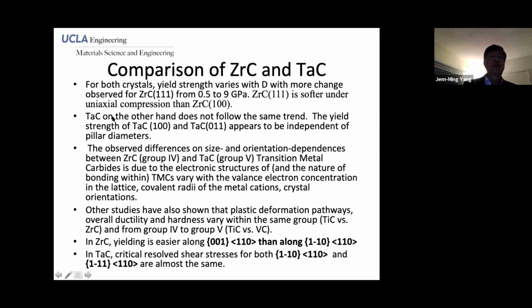We observe the differences in size and orientation dependence between the group 4 and group 5 transition metal carbides because the electronic structure of the transition metal carbide varies with the valence electron concentration in the lattice, the covalent radii of the metal cation, as well as crystal orientations. In both zirconium carbide and tantalum carbide, we have identified the possible slip systems.